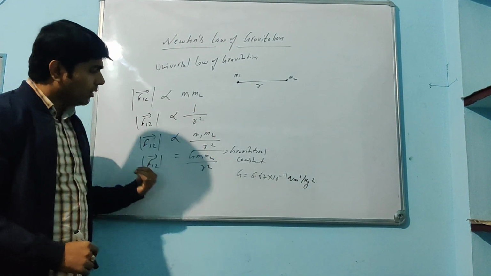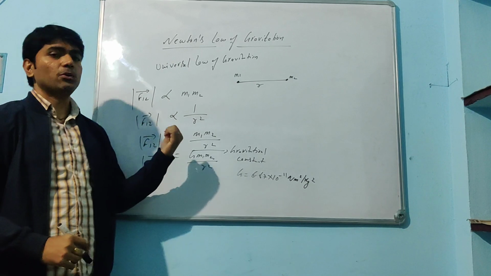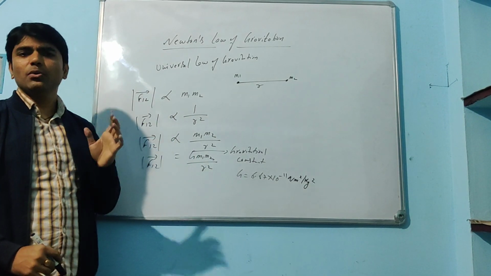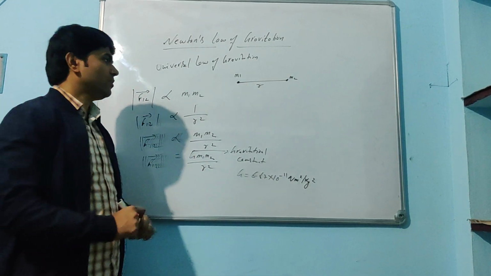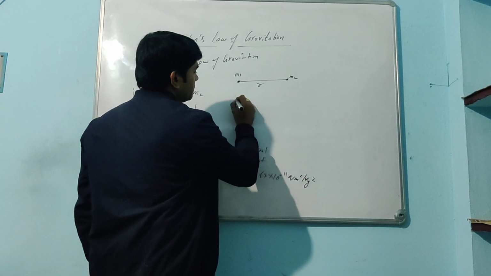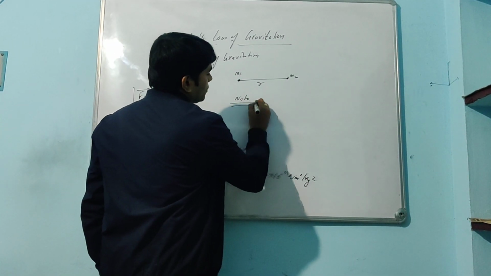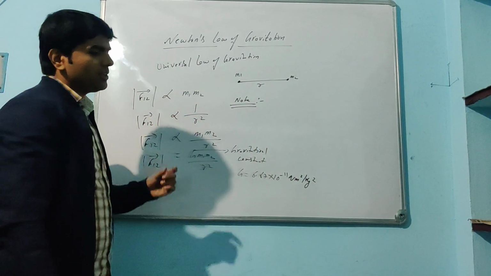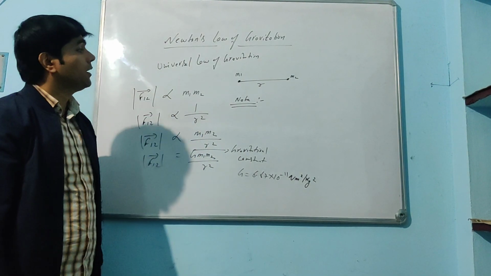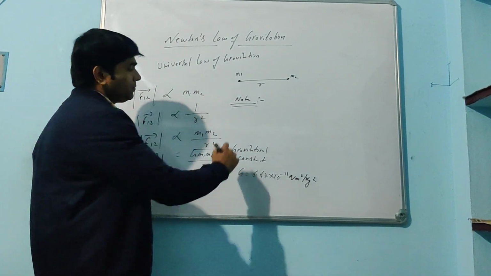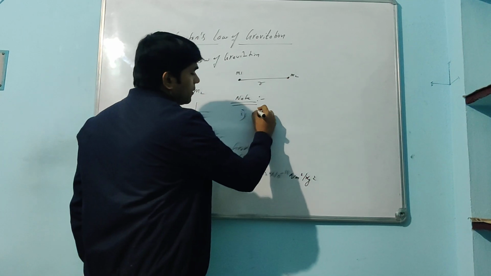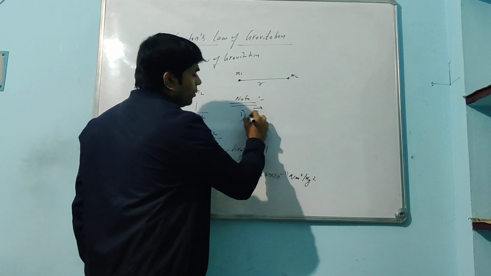So in order to solve questions related to Newton's law of gravitation, we need to understand certain points which we have to note down. The first point is the force on the first body due to the second body.